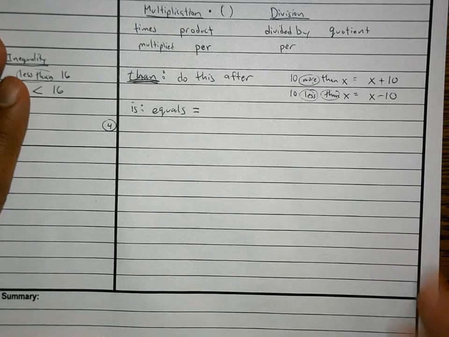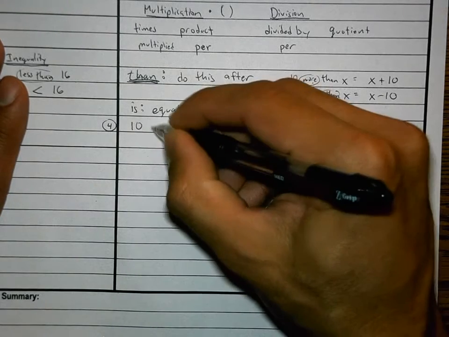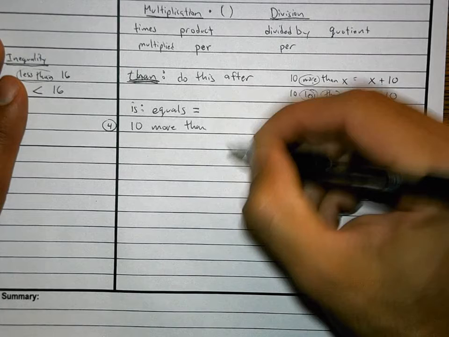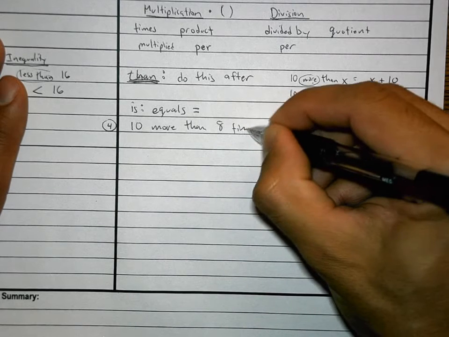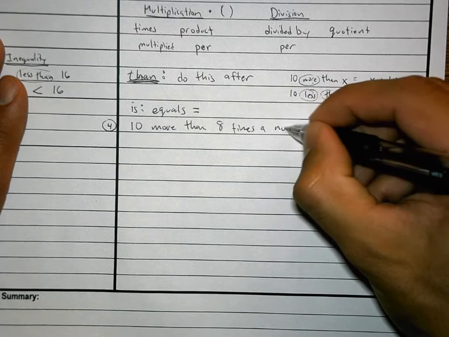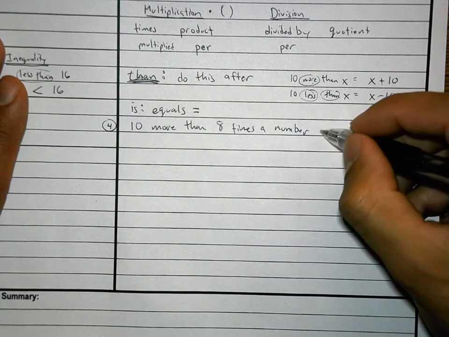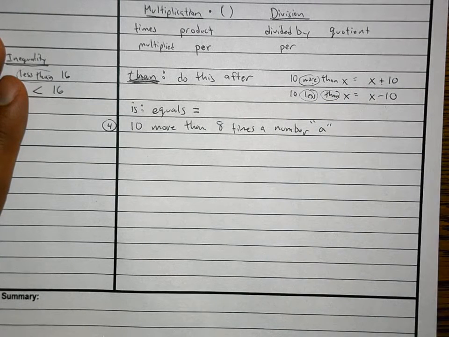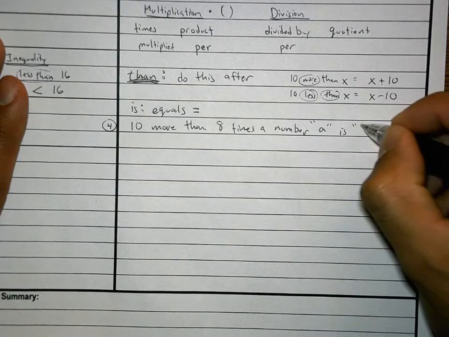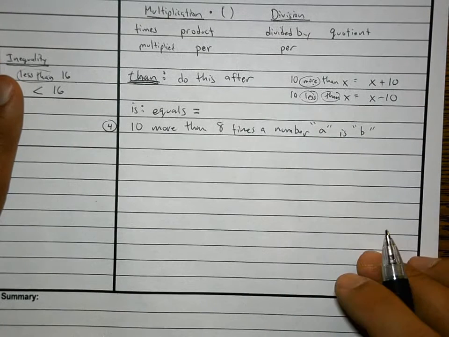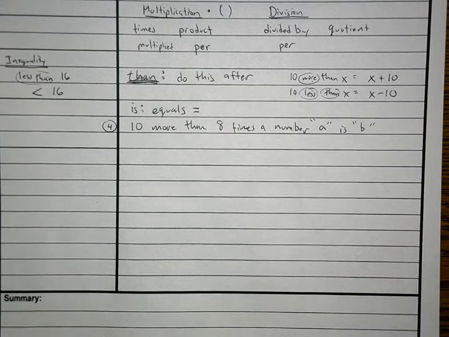Something that looks like number 4 says, 10 more than 8 times a number, and theirs is in italics, but I'm going to put mine in quotes, is, quote, quote, B. 10 more than 8 times the number A is B. Ten more than 8 times the number A is B.